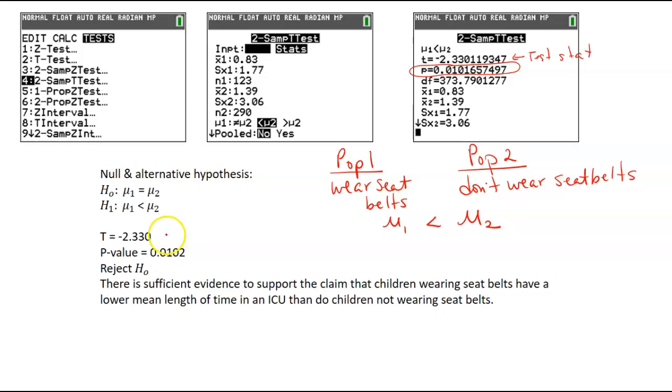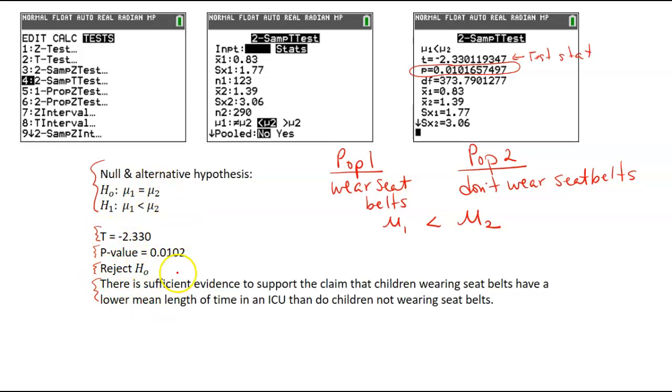Okay, so our p-value and our test statistic, when you're summarizing this hypothesis test for me on a quiz or test, these are the things that I really need you to see written out. Even on these that we're doing entirely on our calculator, you have to show me your null and alternative hypothesis. You have to show me your test statistic, your p-value, your statistical conclusion, and then your non-technical conclusion.